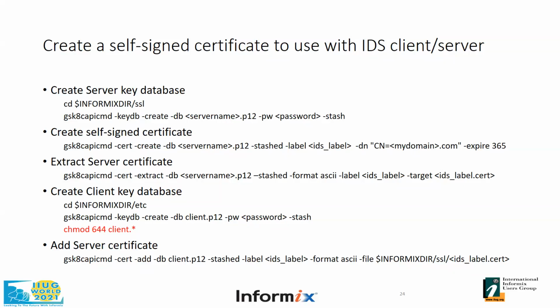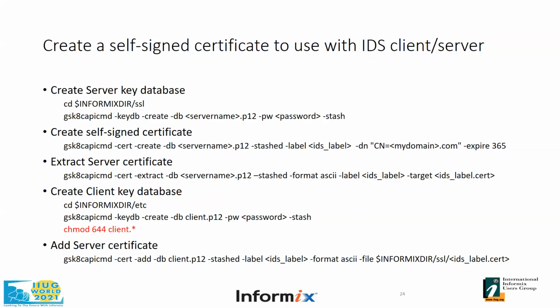And again, you have to remember to make this readable by all of your clients that have access to it. Okay, and then after we've created this key store, we're going to add the IDS label cert that we created in the step above where we extracted the server certificate.